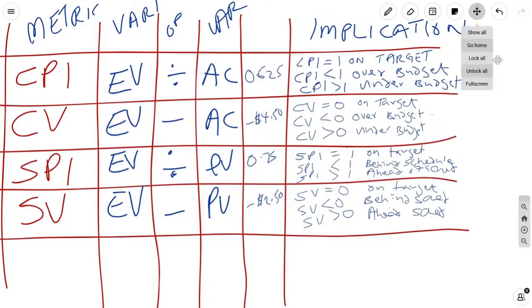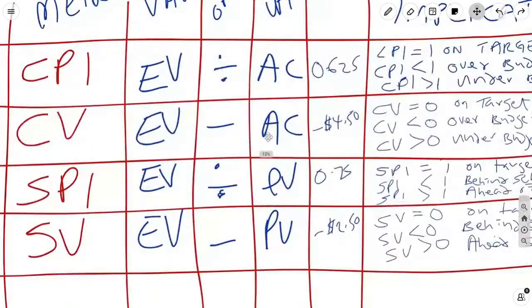Now, if someone asks you which of these is the best measure of absolute performance, it will always be the indices, because even though you understand the context of the variance numbers because you have the budget at completion, you may not have that in a question.